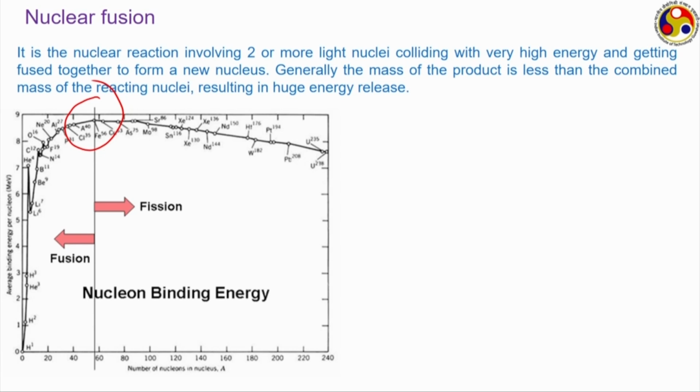All isotopes having a mass number a bit away from that zone always try to participate in some kind of nuclear reaction, by virtue of which they can attain this particular zone.